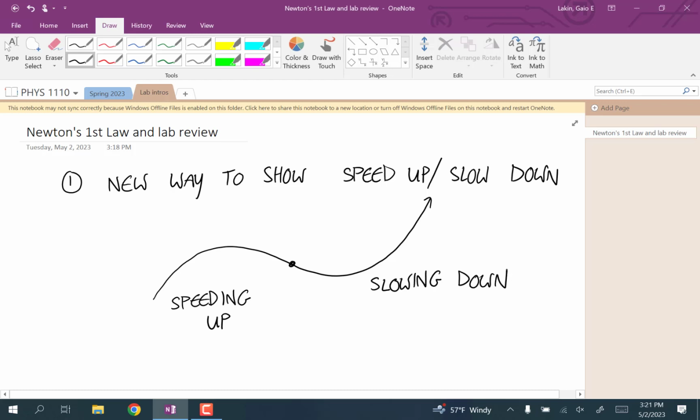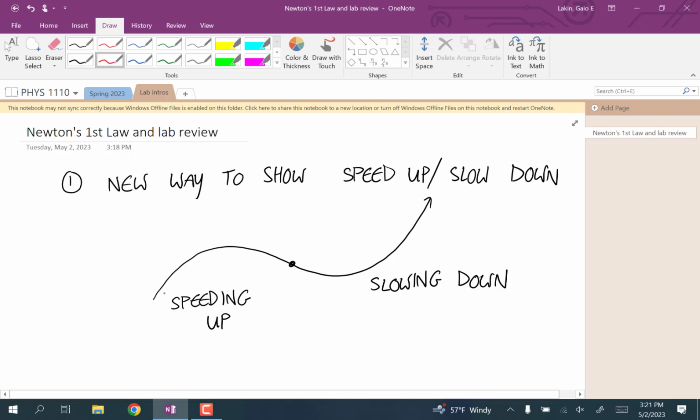Well, this could also be shown, and this is a very natural way to show it if you're figuring this stuff out from an experiment. You could think of it as a photo, a snapshot of the location of this object every 10th of a second or every 50th of a second, as long as you have regular intervals. How far apart the object is in those snapshots tells you whether it's speeding up or slowing down.